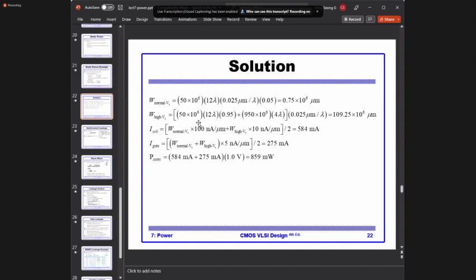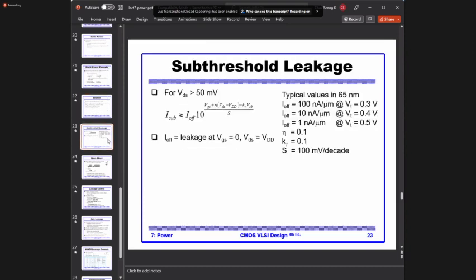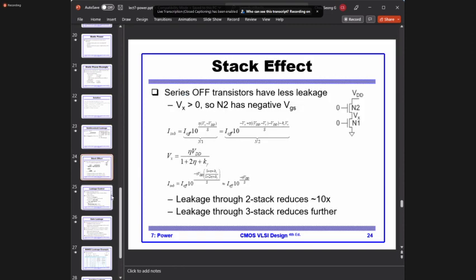Okay, I'm not gonna give you so many different variables to it. But I do want you to be aware of the fact that you have subthreshold leakage and stack effect. Stack effect is something that we talked about actually.